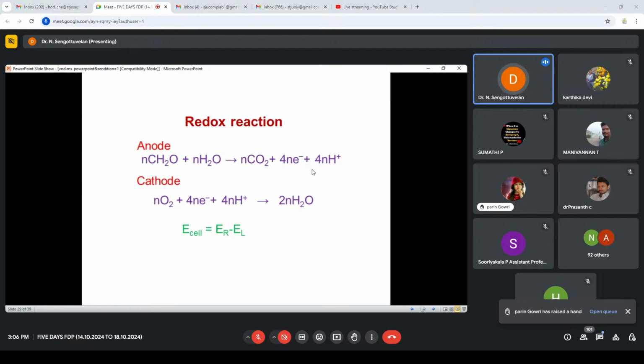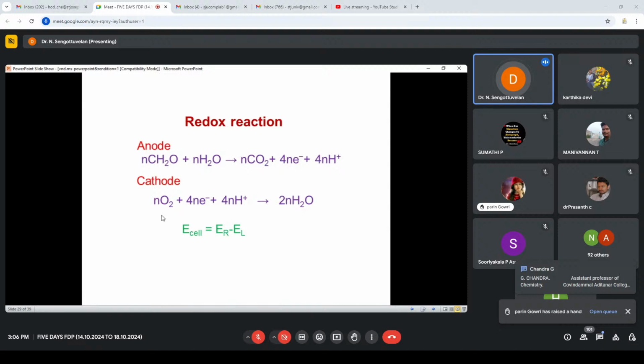Why is it called oxidation? Electrons are ejected, released. That's why it is called oxidation. Whereas at the cathode, oxygen, which is available in the form of water, takes up this electron in the presence of H plus.